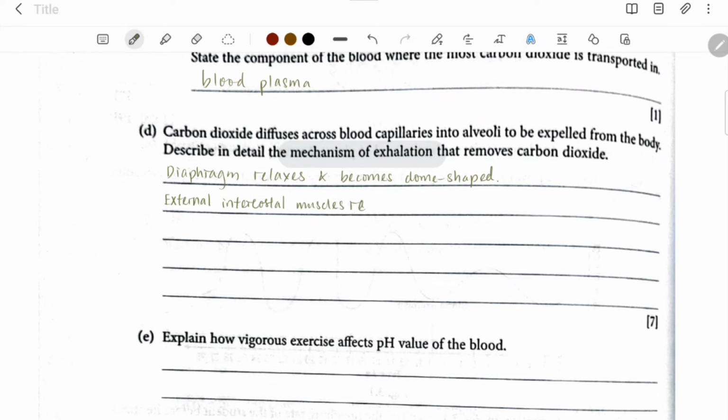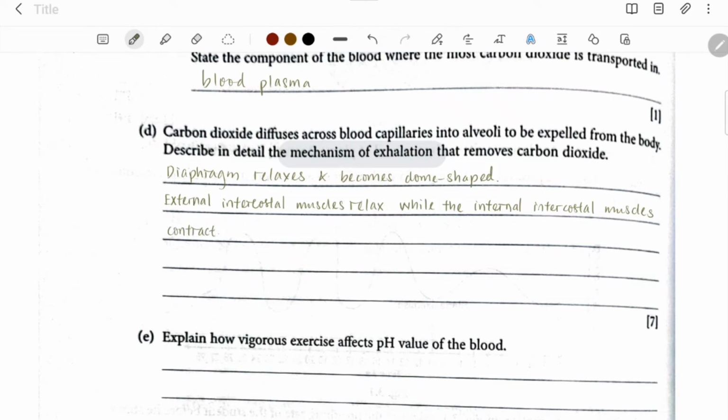Relax, while the internal intercostal muscles contract.